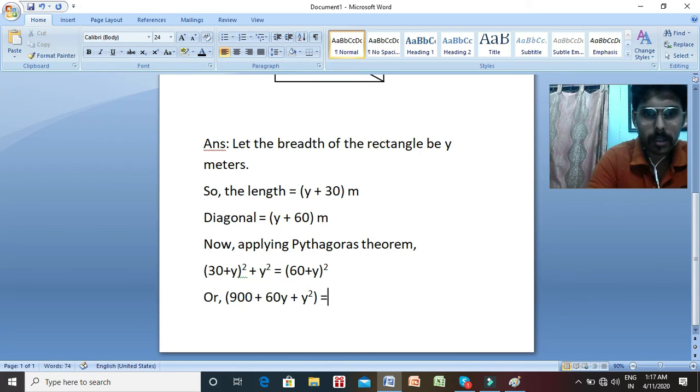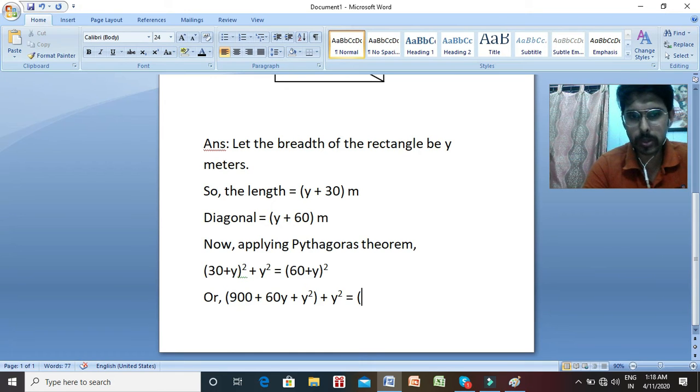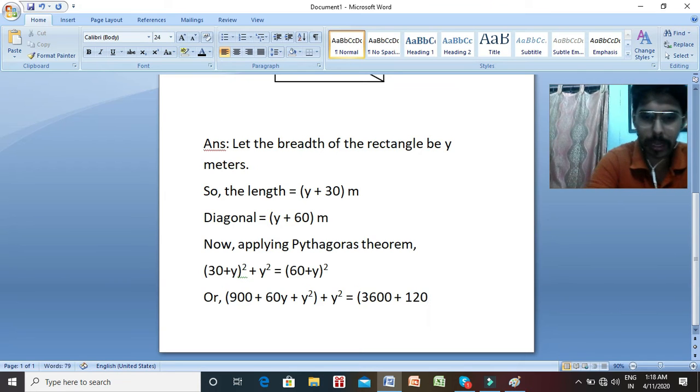Plus again the y square, that will be equal to (60 + y) square. So (60 + y) square is 3600 plus 120y plus again y square.